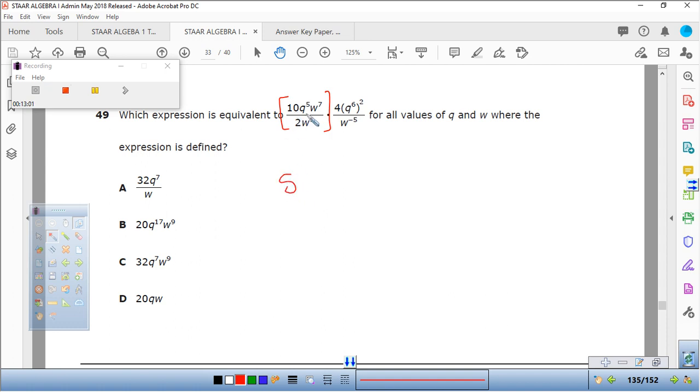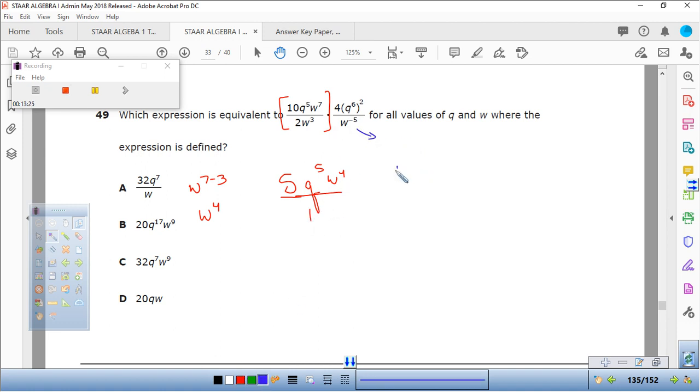This right here is 5, all right? And we're going to have Q on the top to the 5th. And the W's, W to the 7th minus the 3, which gives you W to the 4th. So now W to the 4th is on top. Okay, so that's this part, over 1.